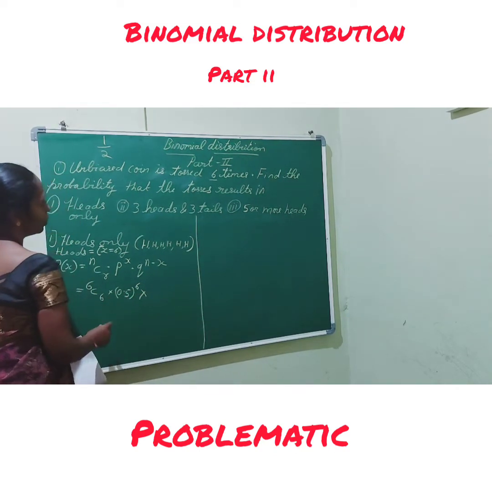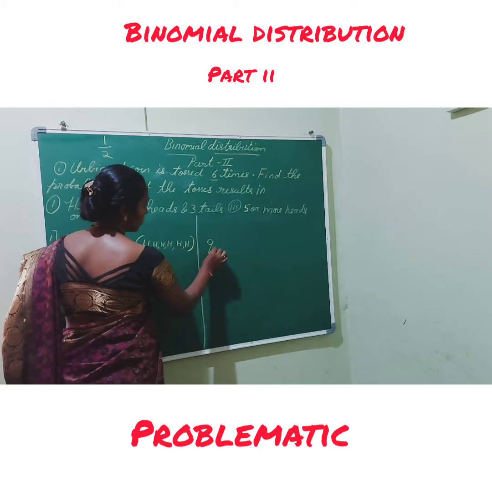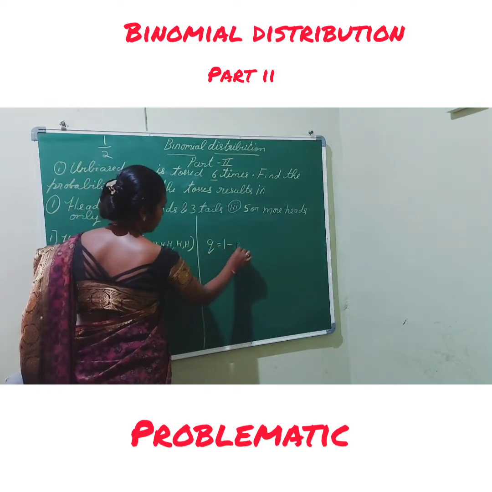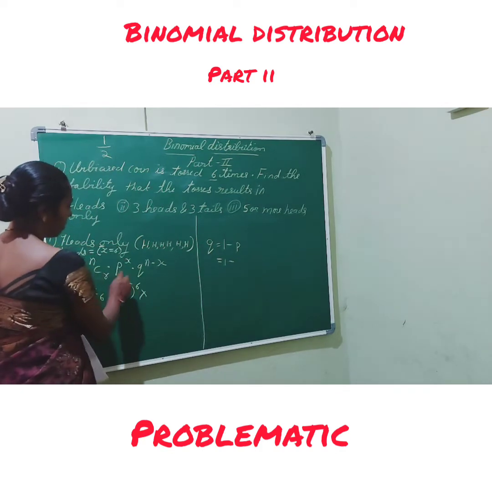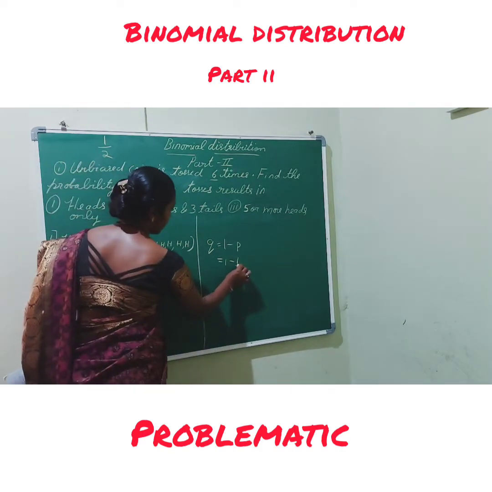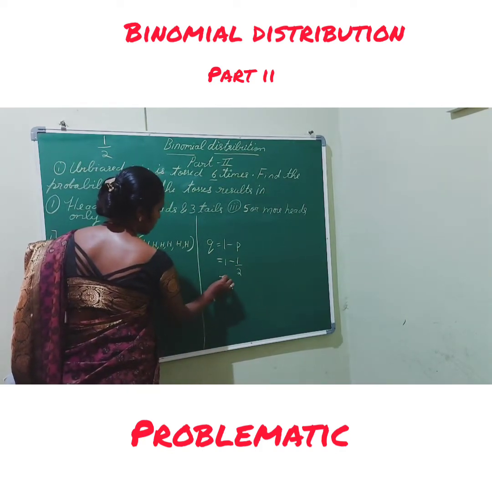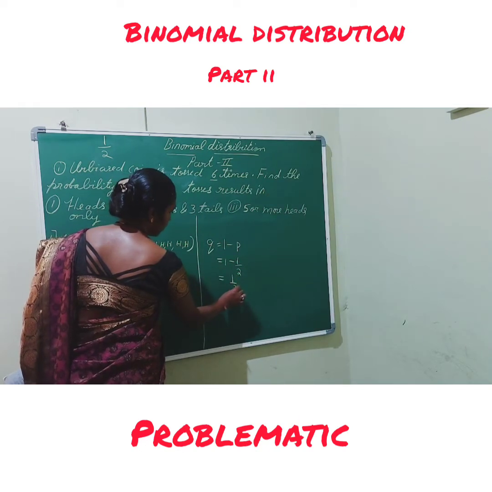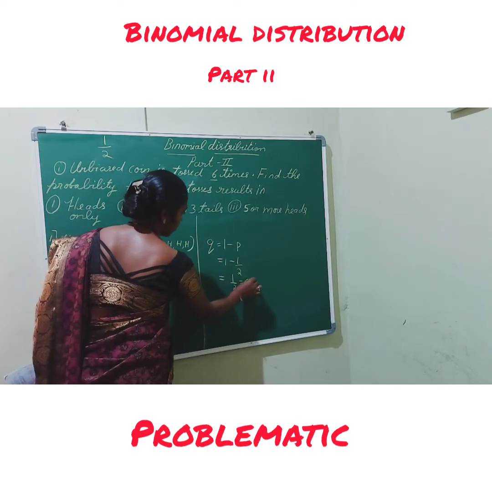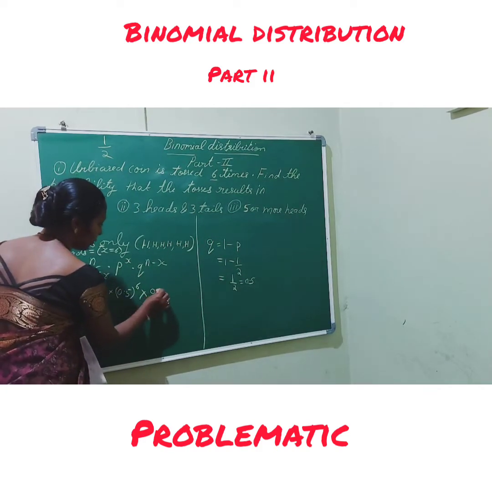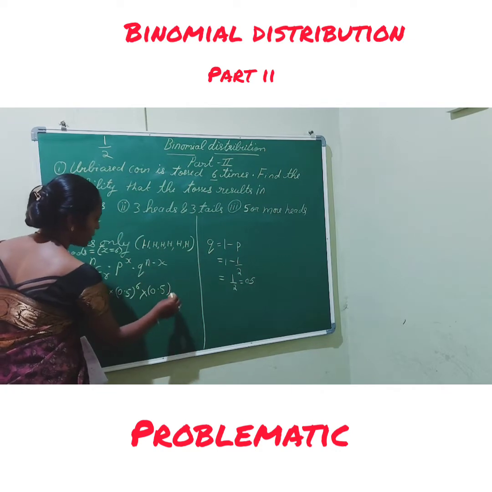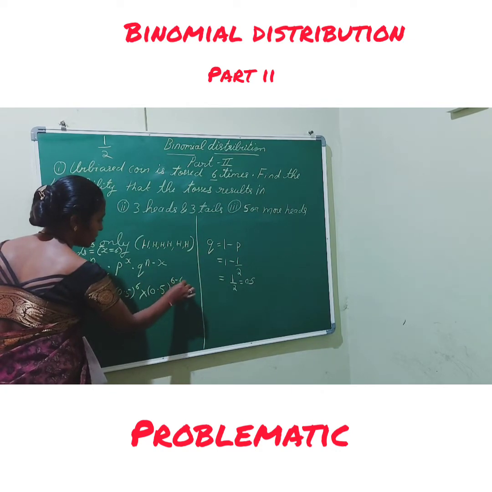Into Q. Q is nothing but 1 minus P. What is the value of probability? 1 divided by 2. So 1 minus half gives half, in decimals 0.5. So again the Q value is 0.5. Close the bracket, raised to n minus x, so 6 minus 6.